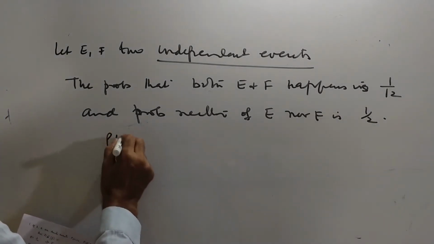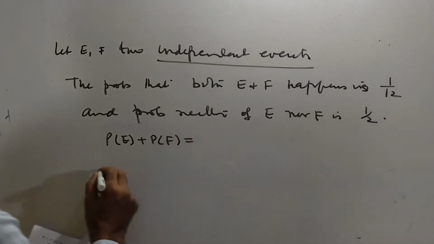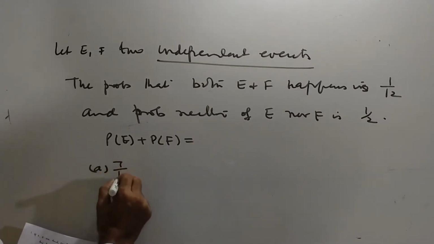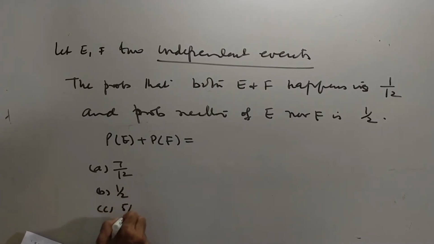What is the probability of E plus probability of F? The choices are 7 by 12, 1 by 2, 5 by 12 and D is 1 by 12.